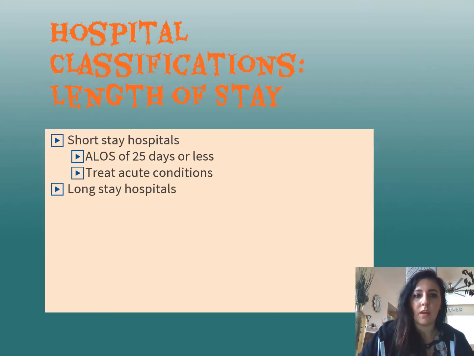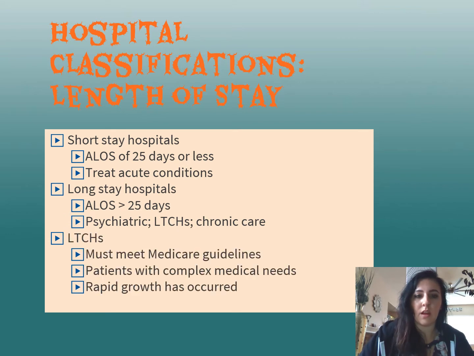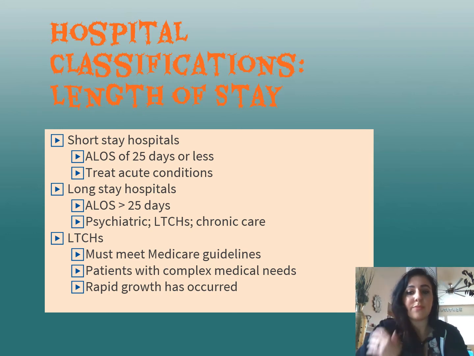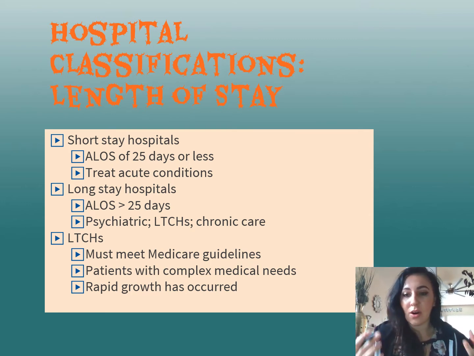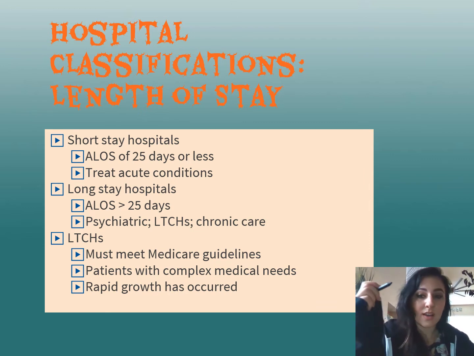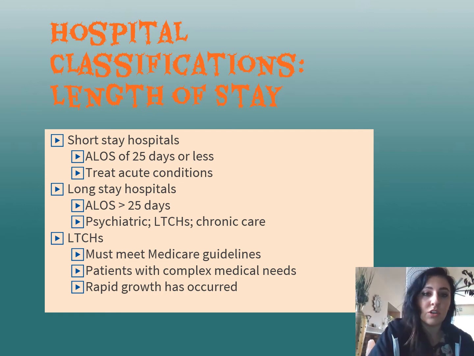Okay, so another way that we can classify hospitals is based on length of stay. That means how long are they staying in these hospitals? Most of the hospitals in this country are going to be short stay hospitals.